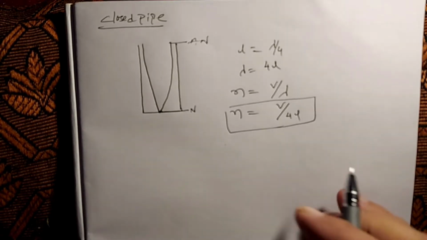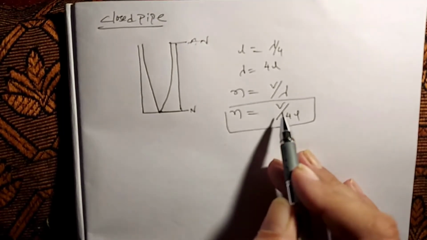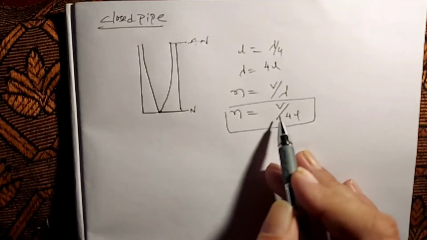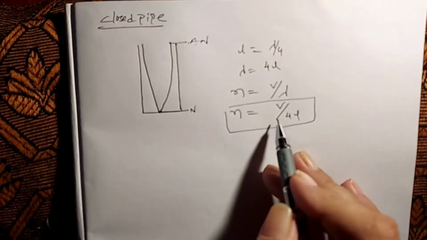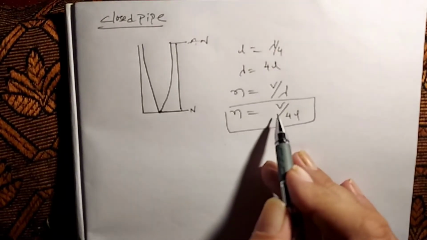Here many students make a mistake. They replace V by square root of T by M. Don't replace V here. This V is the velocity of a longitudinal wave.